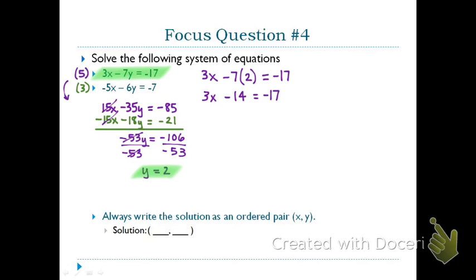Okay, 3x minus 14 equals negative 17. If we add 14, those cancel, leaving us with 3x equals negative 3. And then let's do some division.